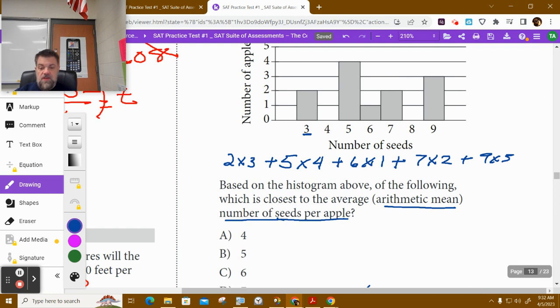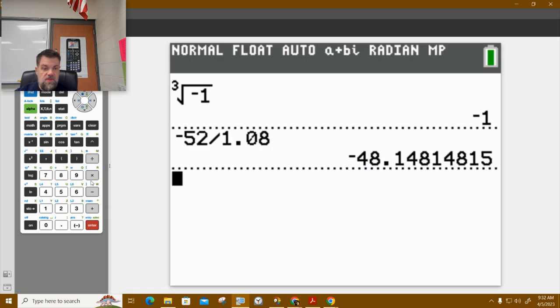And since this is the calculator portion of the test, let's just do that real quick. So I'm going to say, and you may not know this, but you could say 6 times 3 plus, your calculator automatically follows the order of operations. So it'll literally multiply these things first and then add them. So this should give me the right answer.